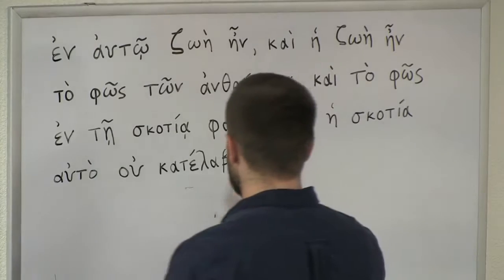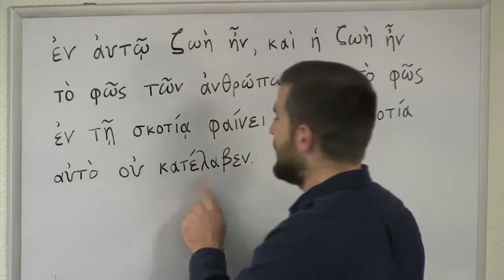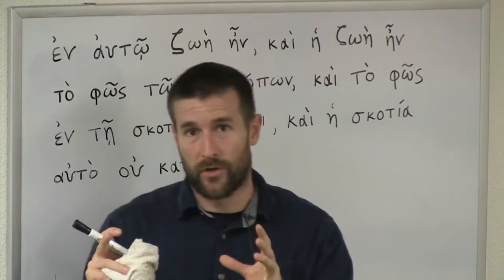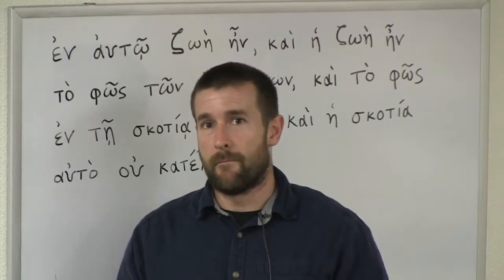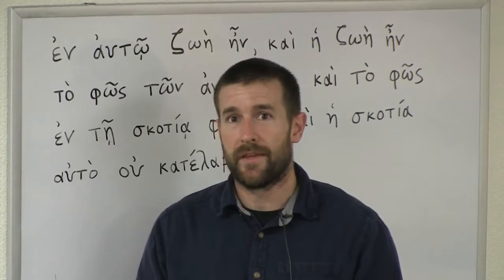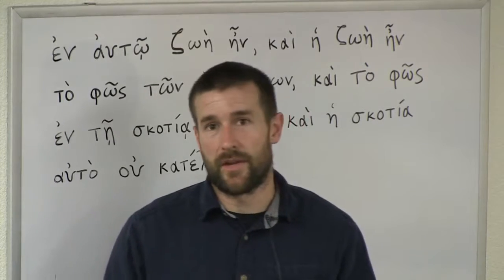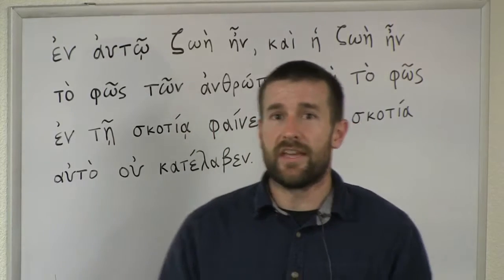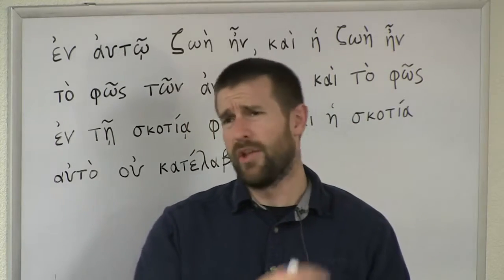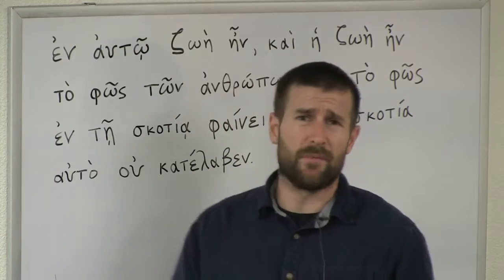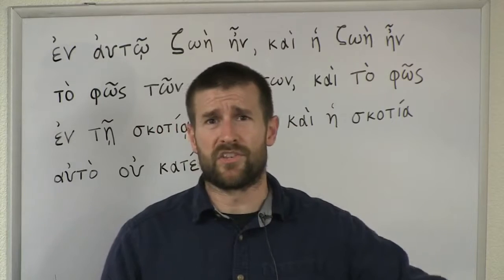But I want to mention also that this word katelaven provides a great example of the crossover between learning modern Greek, using, for example, the Pimsleur audio program, and learning Koine Greek. A lot of people have this idea, and I talked about this earlier in the series, that modern Greek is a completely different language from biblical Koine Greek, and Koine biblical Greek is just a completely dead language, and so forth.